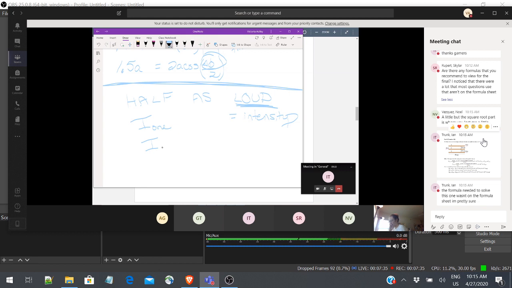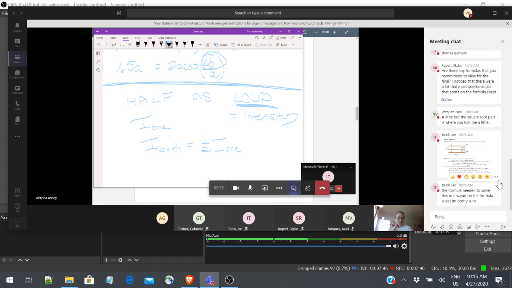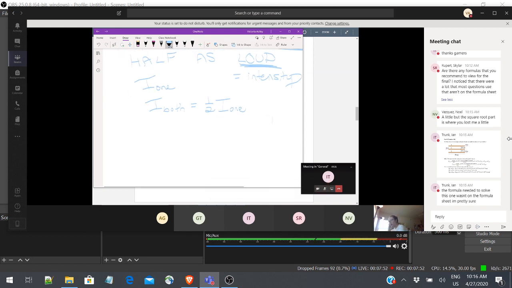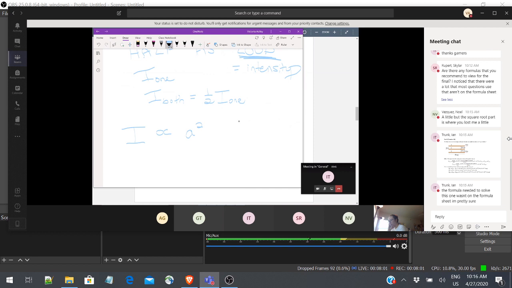What you want is for this to be 1/2 the intensity of one child screaming alone. Okay. So how do we deal with intensity? Intensity is proportional to the square of the amplitude.